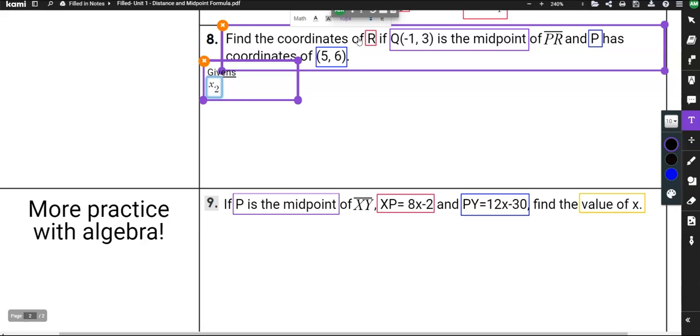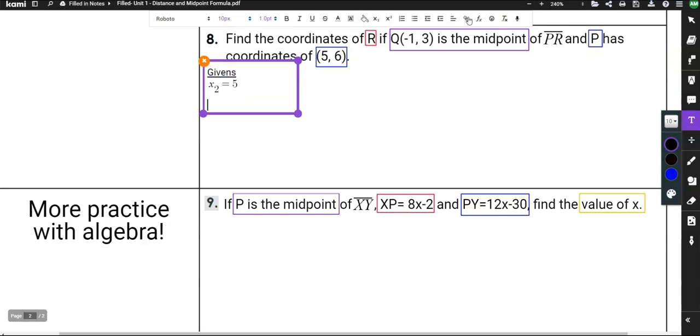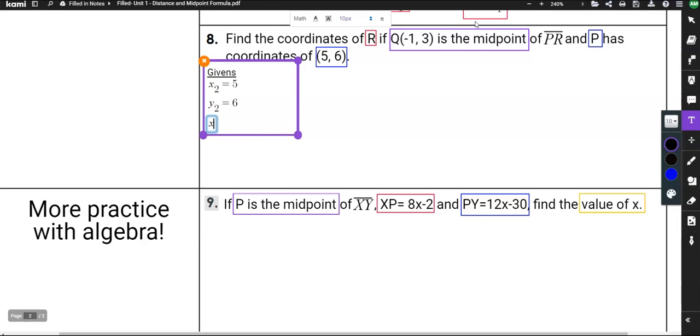So I'm still going to call it point 2. So x sub 2 is 5. And then we have y sub 2, which is going to be 6. And again, we're given the midpoint, so x of the midpoint is going to be -1.